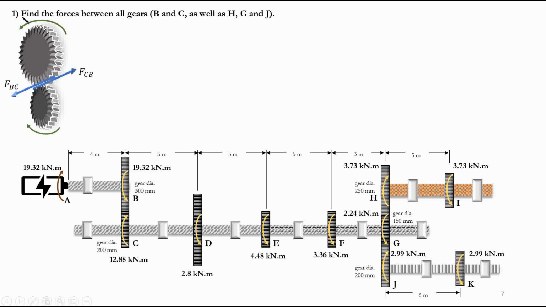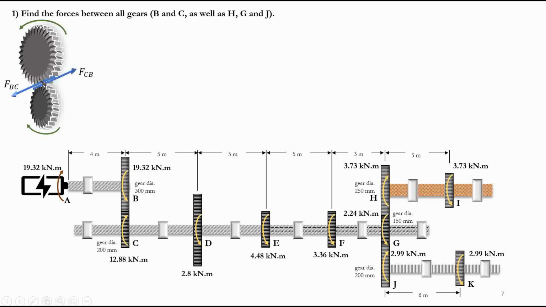You can think of torque as a moment, force multiplied by a radius, but we call it torque because it is related to torsion rather than bending or flexure.